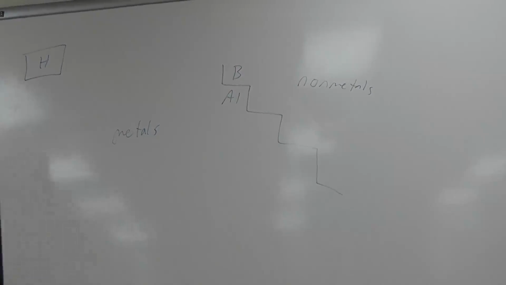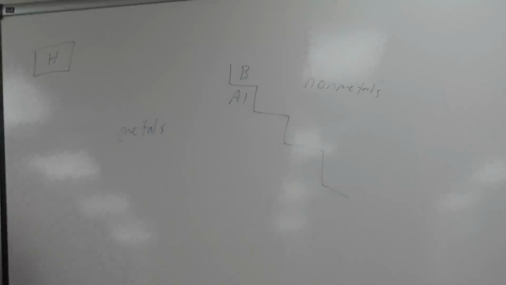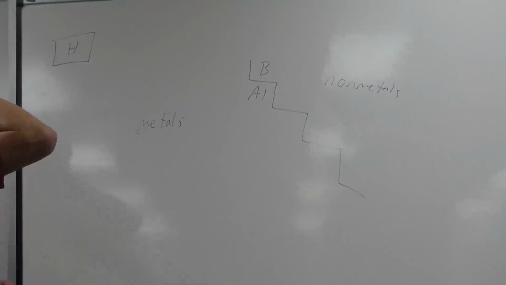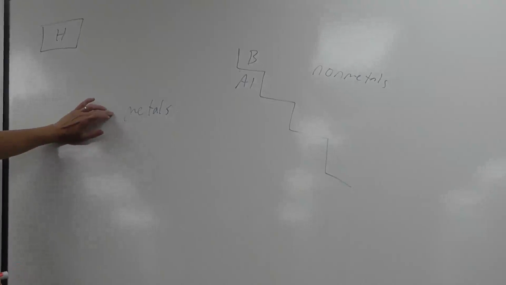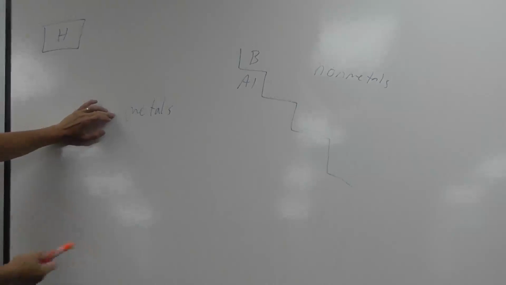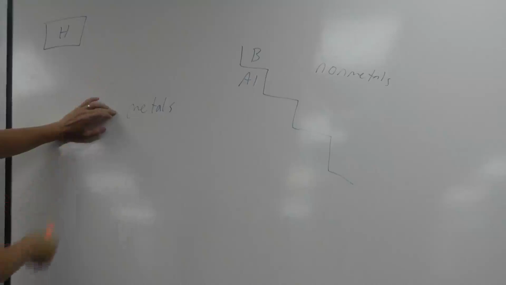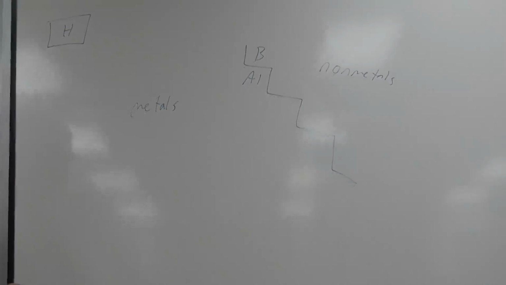Now, defining characteristics of metals and nonmetals. There's some properties about metals and nonmetals that you do already know about. For example, metals are very good at conducting electricity, and nonmetals don't. And metals are good at conducting heat, and nonmetals don't. Nonmetals are considered insulators, but metals are really good conductors.